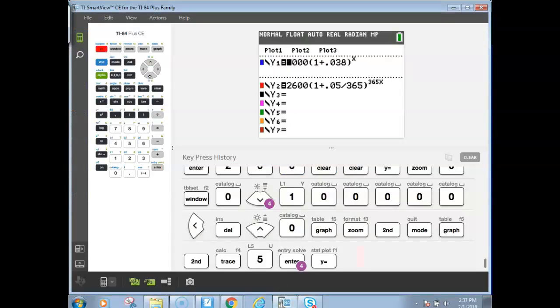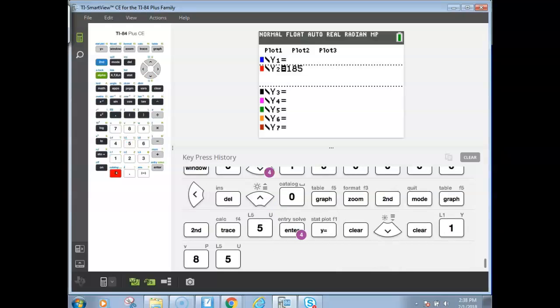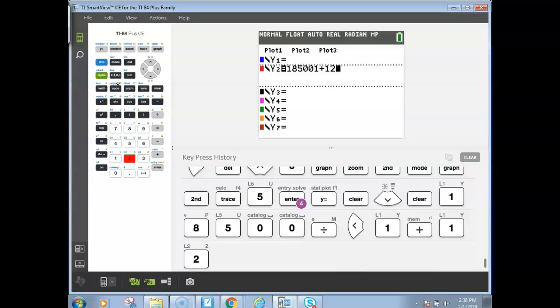We go to our y equals. We clear out this stuff. And I think it was 18,500. Oh, I have it in y2. Who cares? It'll just be red. Divided by, parenthesis, 1 plus 12 times e to the.